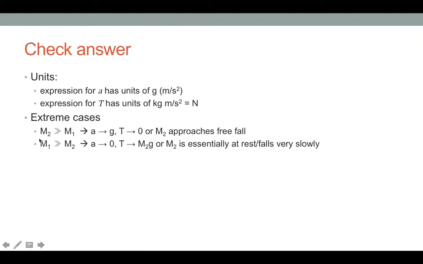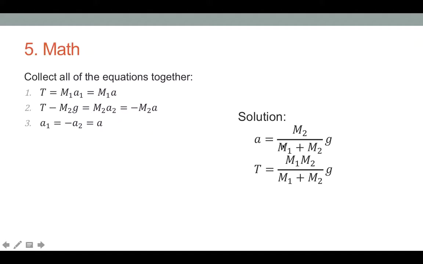What if we have the reverse? And m1, the cart, is very, very heavy, and we're just hanging a very small mass on the end. Then we'd expect the cart to do nothing and to stay at rest and to not accelerate. And the tension will just equal the weight of the hanging mass because the hanging mass won't be moving. So let's make m1 very large. Well, if m1 is very large, essentially we have a small number divided by a big number, so the acceleration will go to 0.